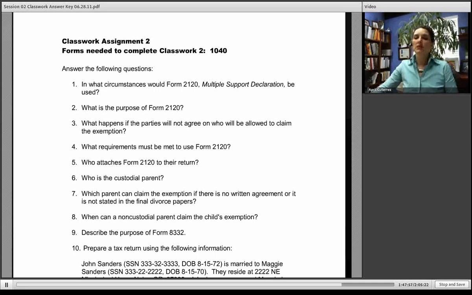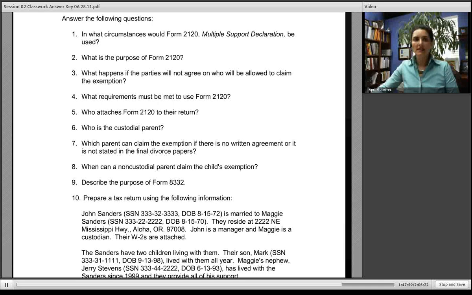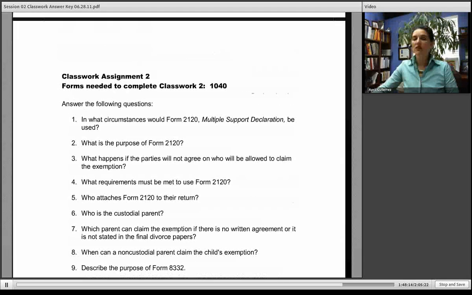At this point, what I'd like you to do is push pause and then work your way through questions 1 through 10 in your student manual. And when you are finished with problems 1 through 10, please resume playback for a review of the session 2 classwork answer key for class.